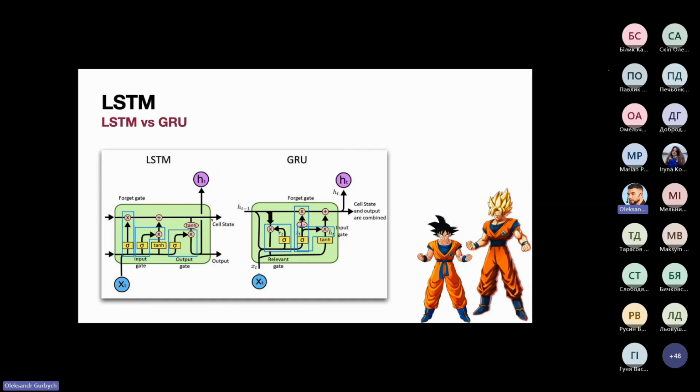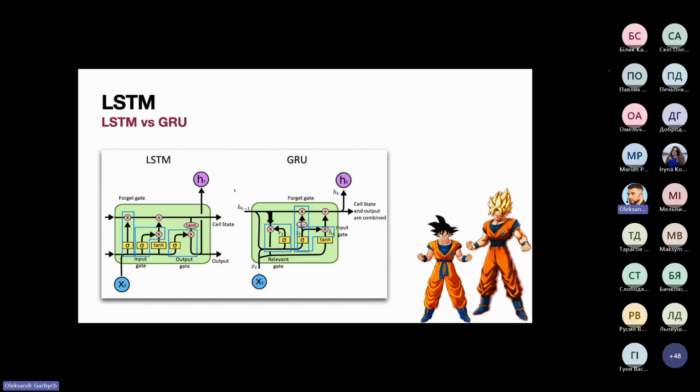LSTM outputs them separately. It outputs cell state and it outputs a raw output. So LSTM passes a raw output to the next LSTM cell. It uses the same value of raw output to compute loss by comparing it to the ground truth.